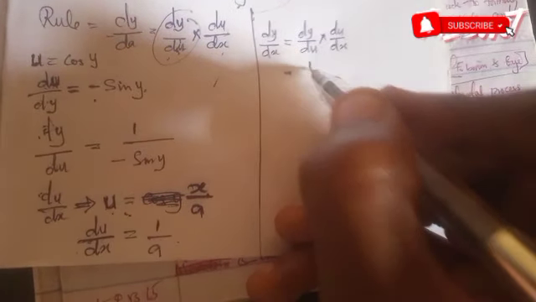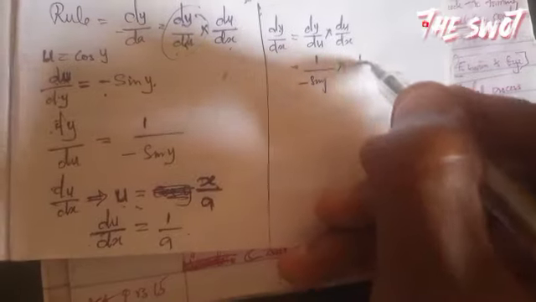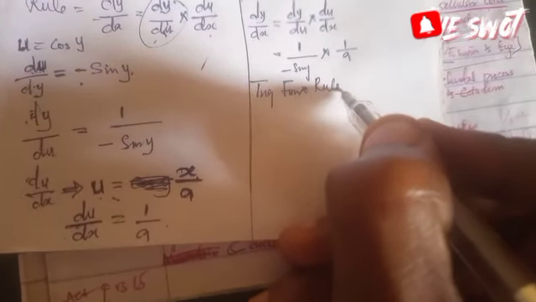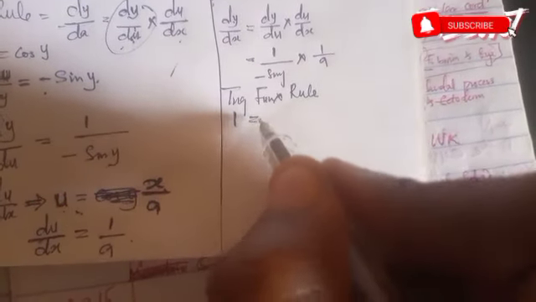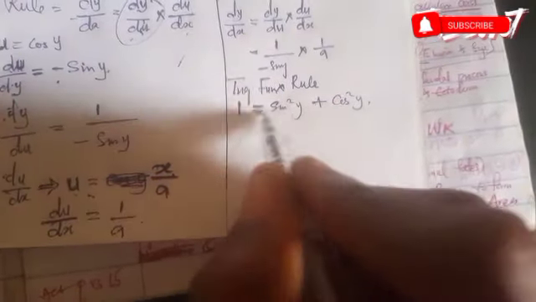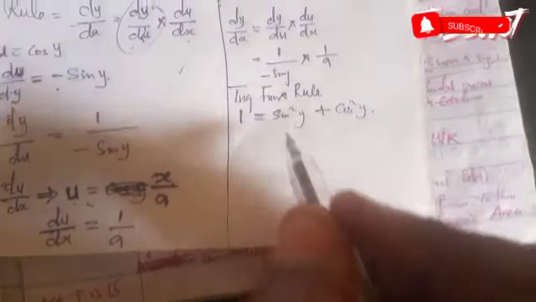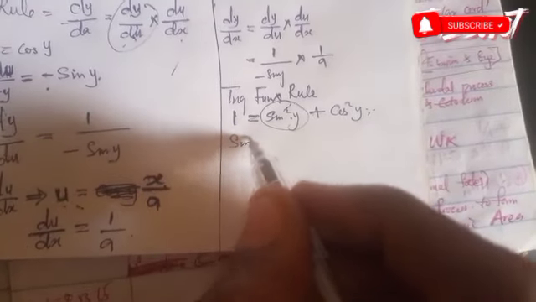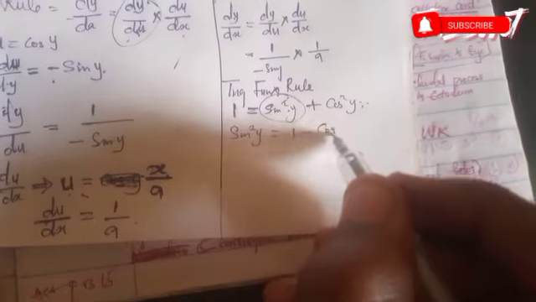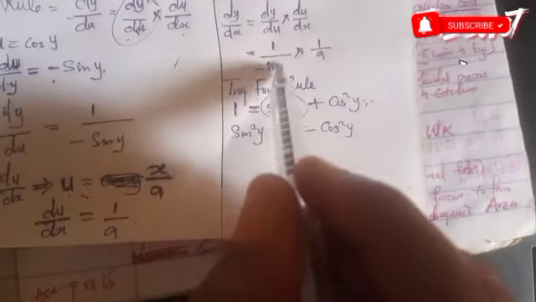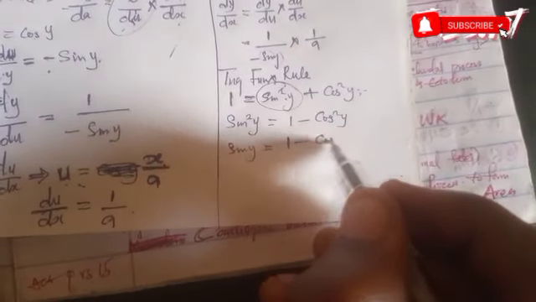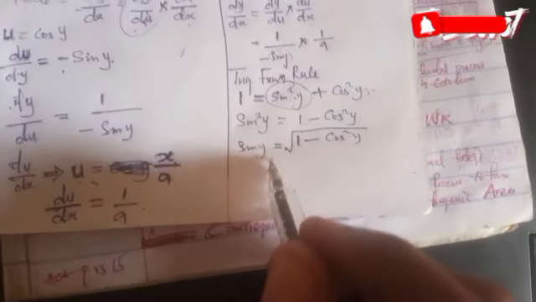All you need to do is bring it down: 1 over minus sine y times 1 over a. From the trig rule, we have 1 equals sine squared y plus cos squared y. Making sine squared y the subject, we have sine squared y equals 1 minus cos squared y. Removing the square, sine y becomes the square root of 1 minus cos squared y.